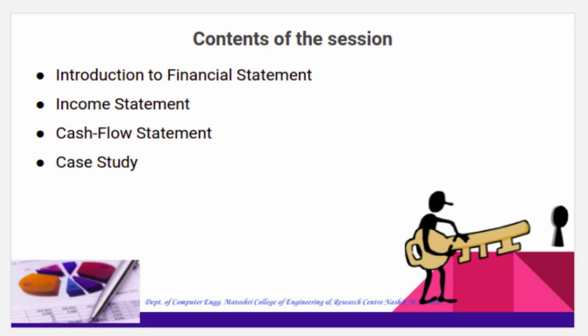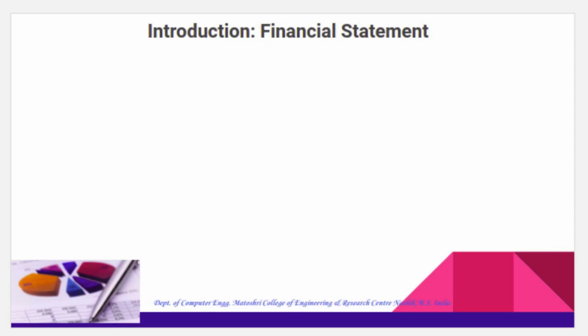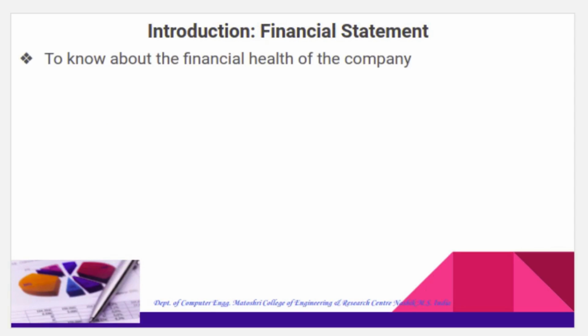Next, we will see the introduction to the financial statement. There are various people who are interested in knowing about the financial health of the company. The intention of these people could be different, but each one of them is interested in assessing the financial position.